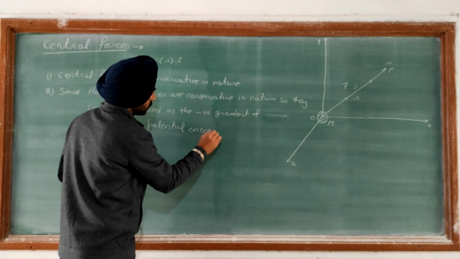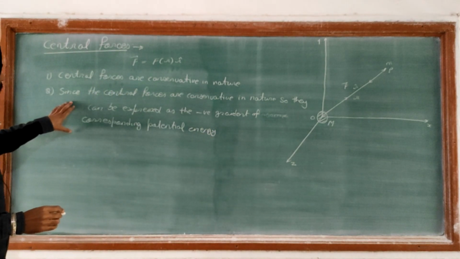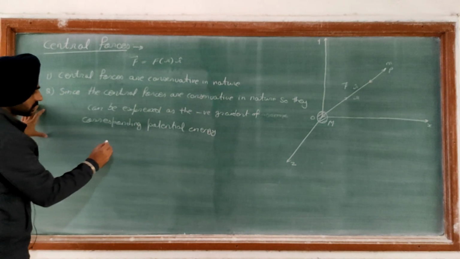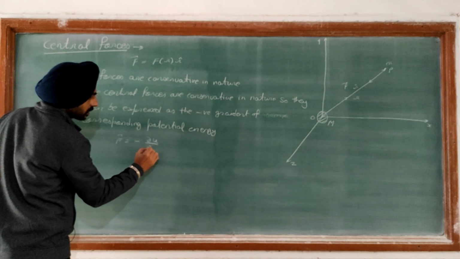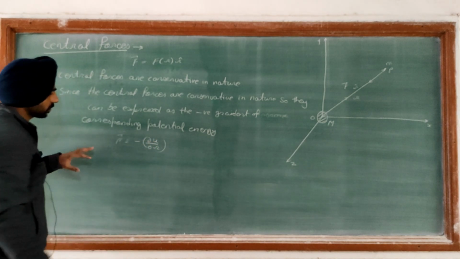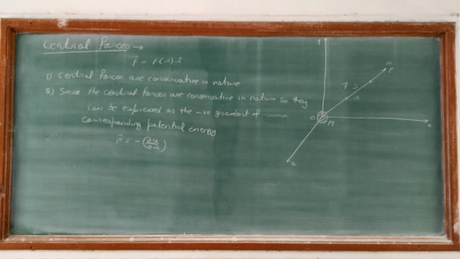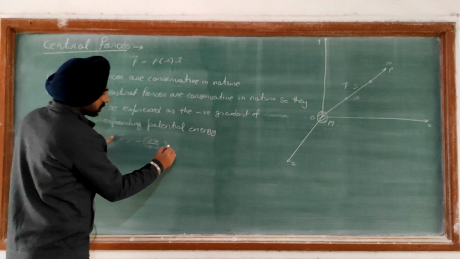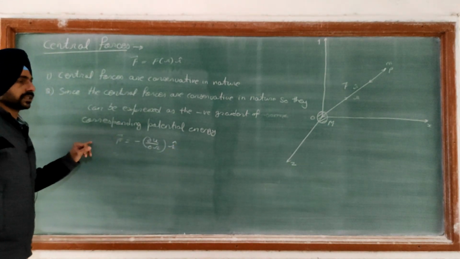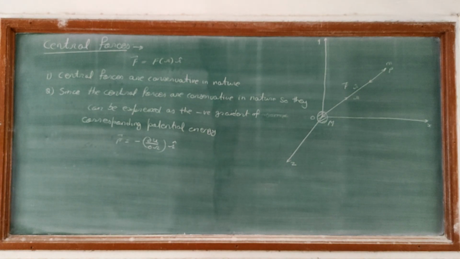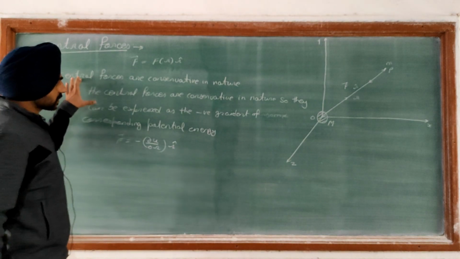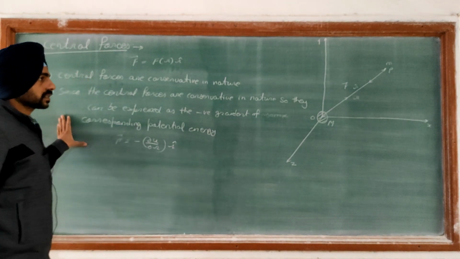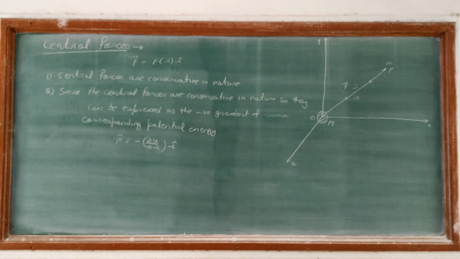So F is equal to negative dU upon dr, that is, the force is the negative gradient of some scalar function, and r cap is the unit vector along the direction of force. You can go through the lecture on central forces; these points are already discussed in that lecture.